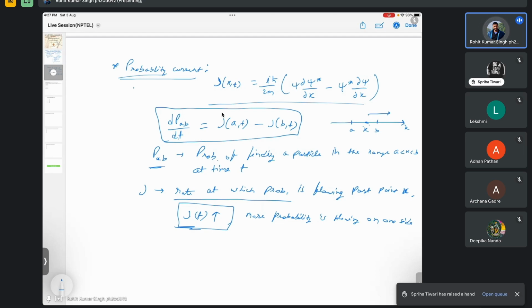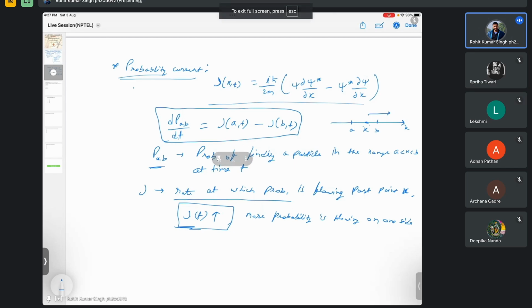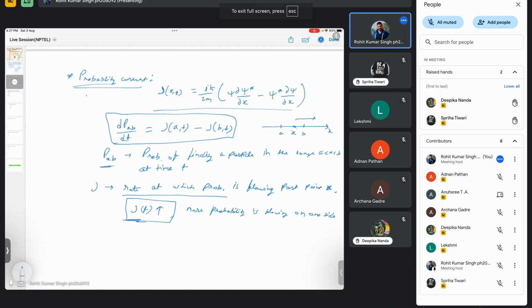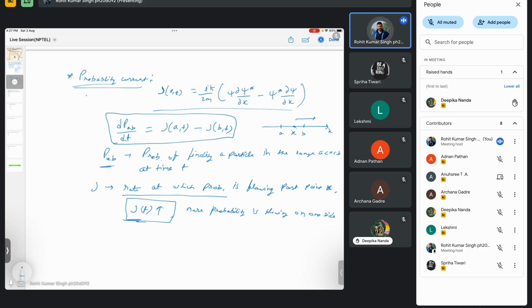I see one raised hand. Two. Okay, so let me just quickly review the shell model then. Then we will solve some problems.